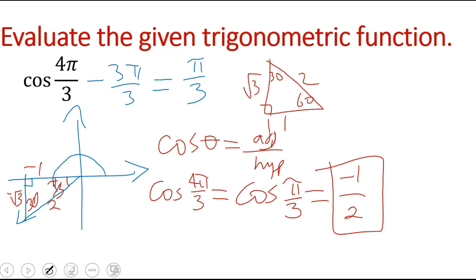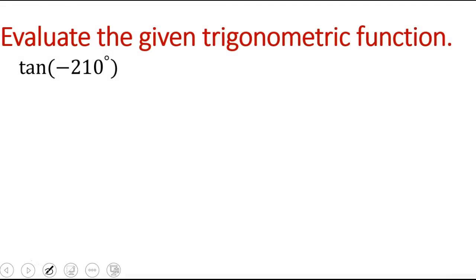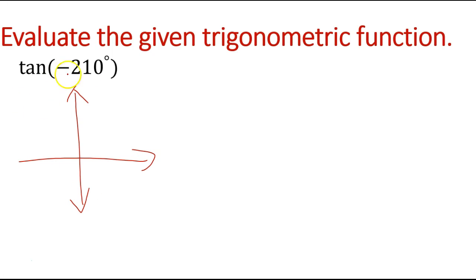Okay. Let's see if we can do one more. All right, this one is in degrees. So again, the same process. We're going to see how far around we can go. It doesn't make it all the way to 360, but it's more than 180. So again, do not worry about the sign.